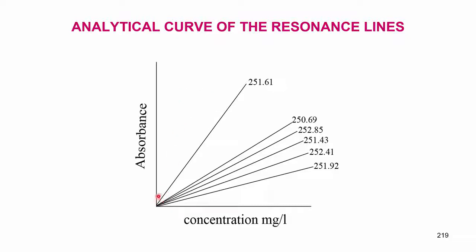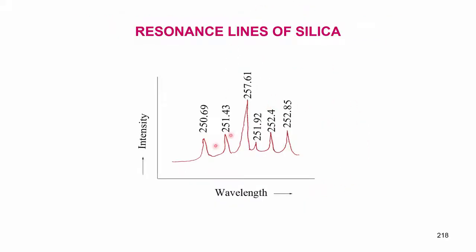Now, you can see this line, 251.61 is the sharpest, because the concentration range is less than, let us say, this is about 5 ppm, this will be up to 7, 8, 9, 10, 11 etc. That means linearity is observed in these, but the most sensitive line, what is the maximum absorbance you get in all these resonance lines corresponding to these wavelengths.